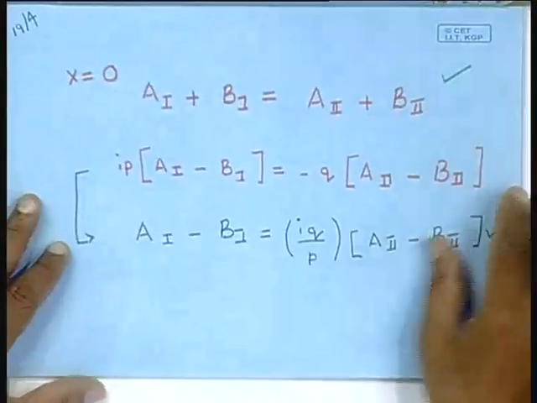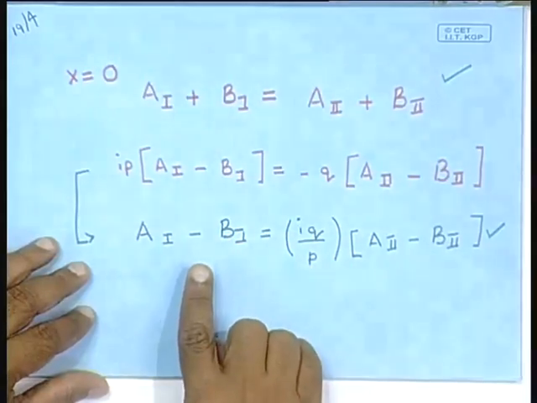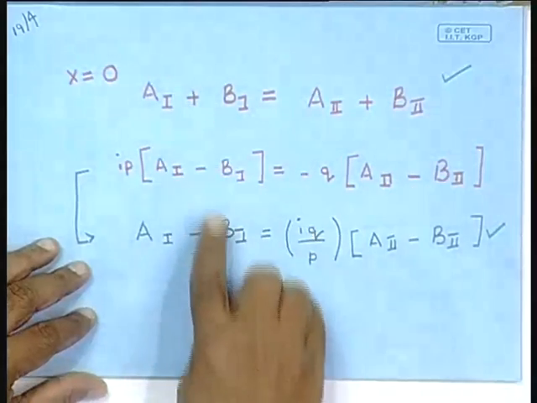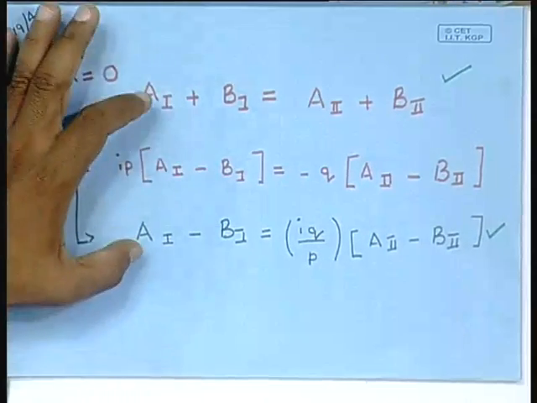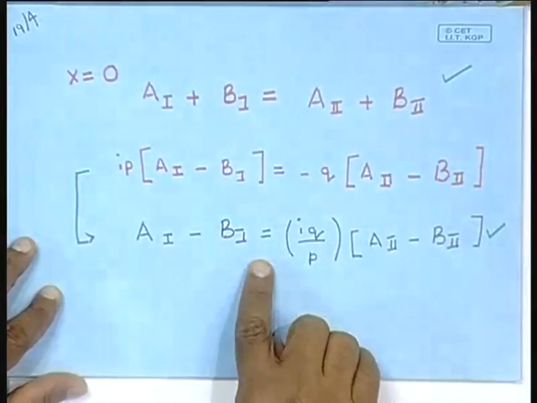So, these are all x equal to a. I can shift it here. Now, we will look at x equal to 0. At x equal to 0, we have these two boundary conditions, and what we can do is add these two relations.